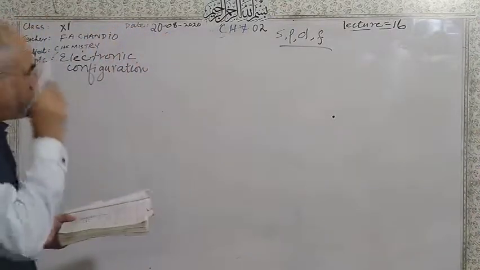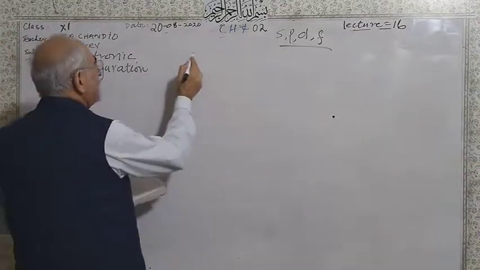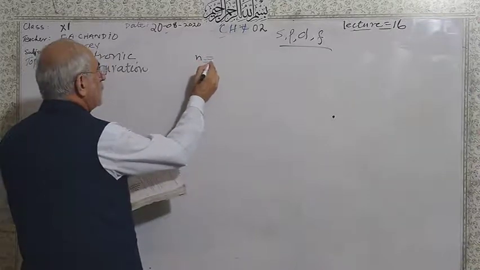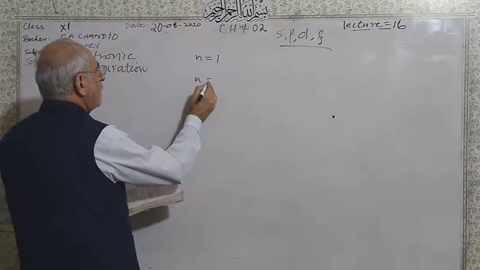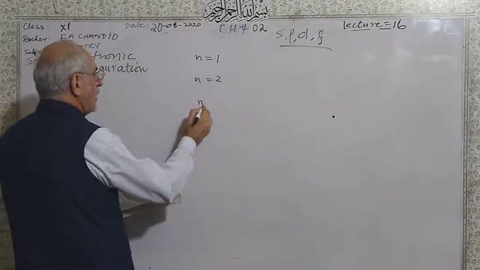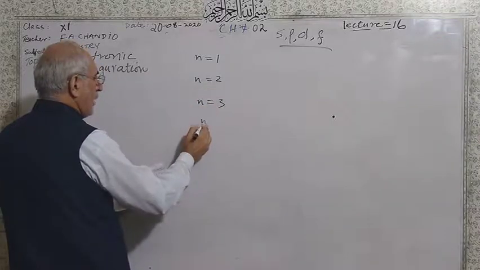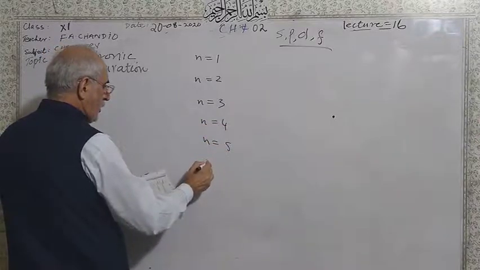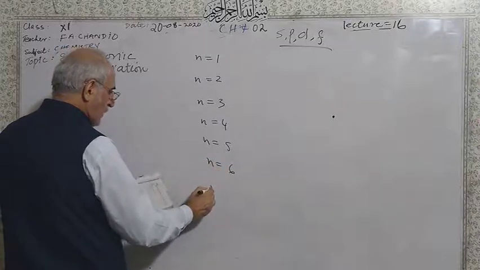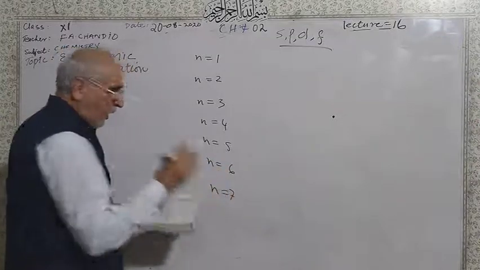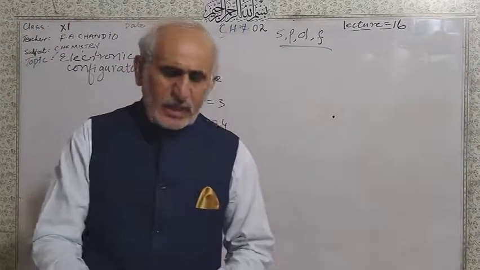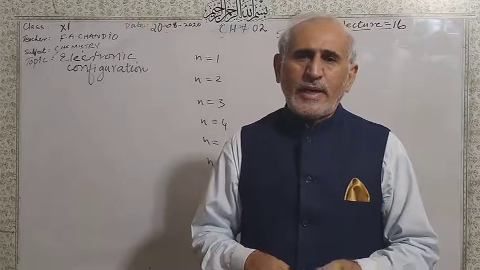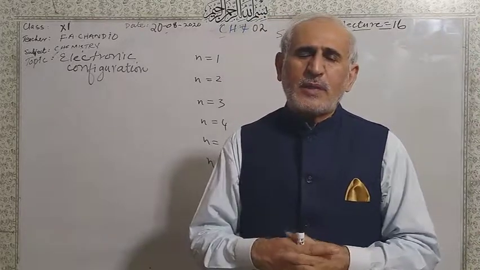So students, I am going to draw here. This is n equal to 1, n equal to 2, n equal to 3, n equal to 4, n equal to 5, n equal to 6, n equal to 7. Mostly we write up to 7, as you did in the spectral series.